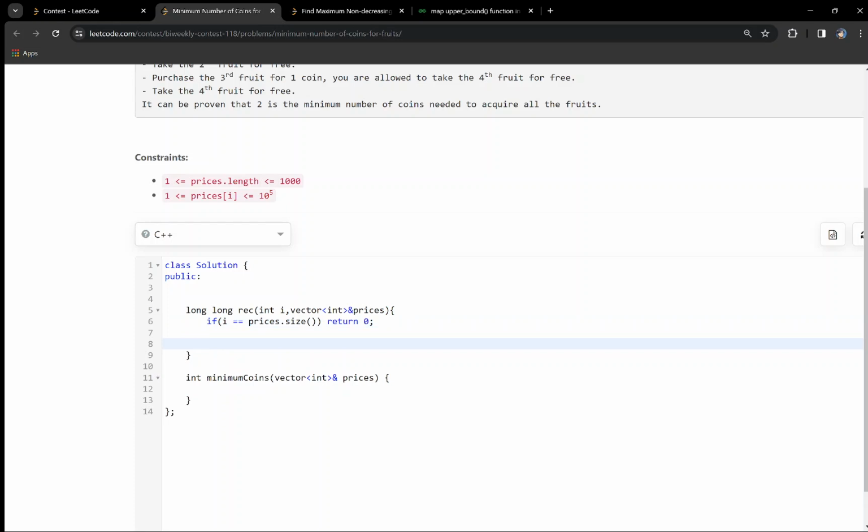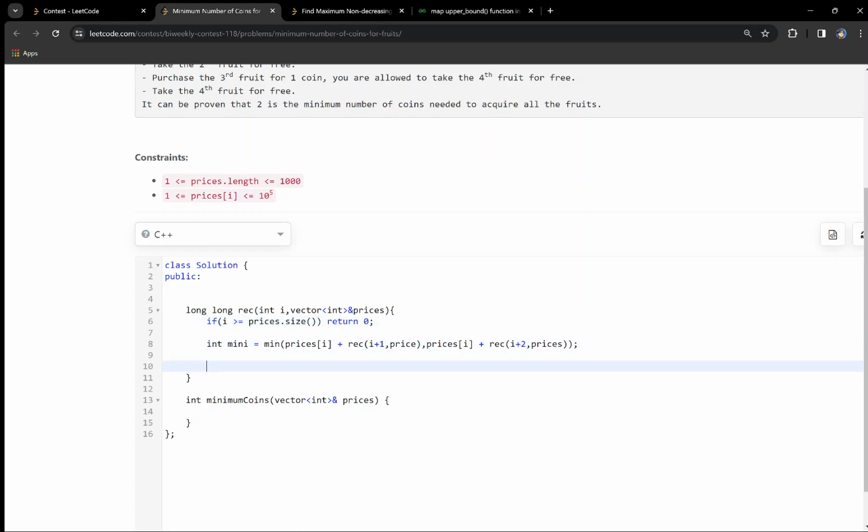Now we have two options, and mini is equal to minimum of, if we take it, prices of I plus, we can go one step or we can go two steps. So rec of I plus 1 comma prices, or prices of I plus rec of I plus 2 comma prices, and return mini.